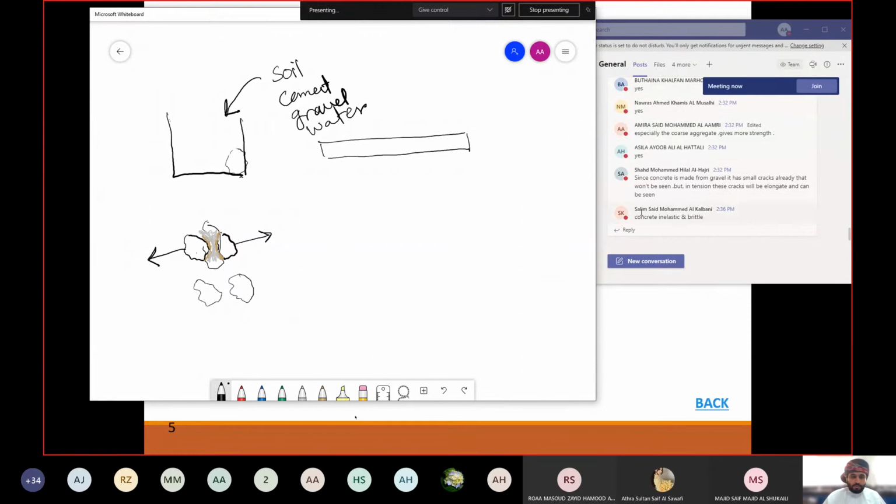Now, when we talk about steel, it does not act like two gravels glued together by a binder of concrete. Steel is not the case.